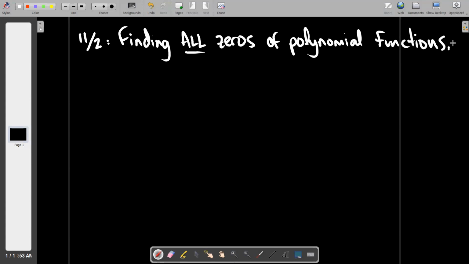So today we can finally find all zeros of polynomial functions, whether they're rational or irrational or imaginary. So let's get to it. Got 5 examples. First one you'll recognize.